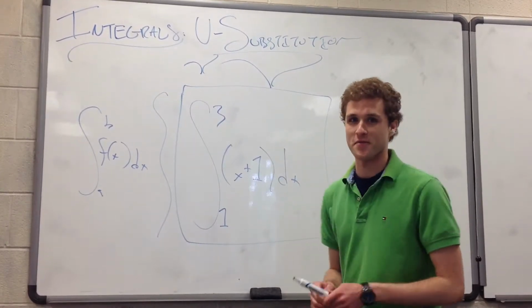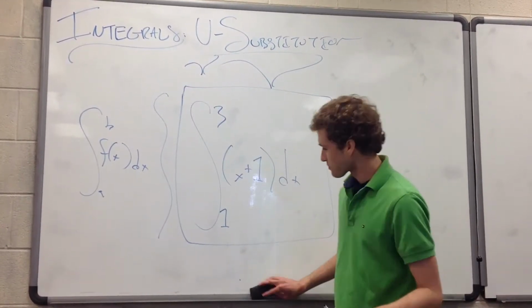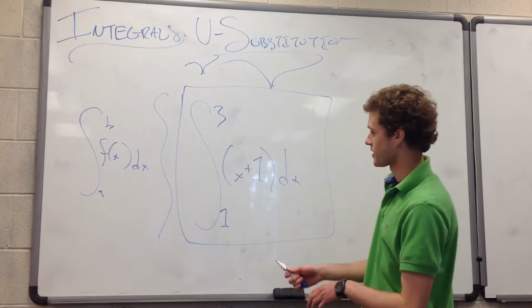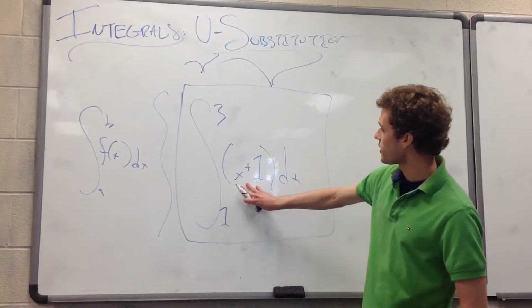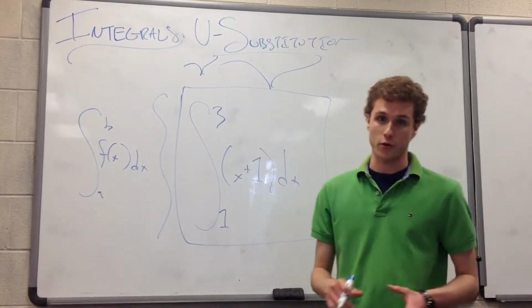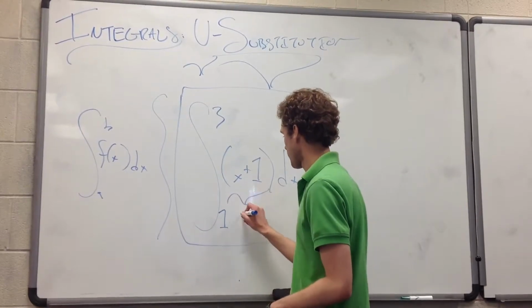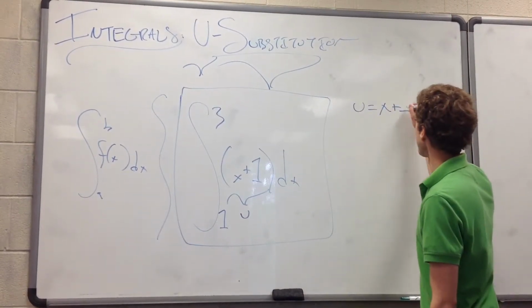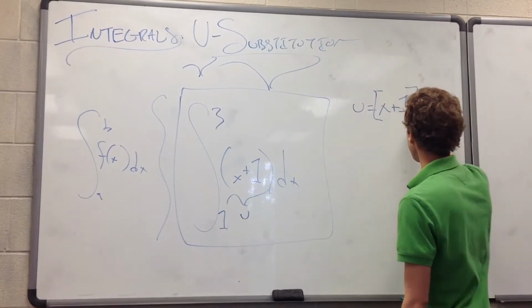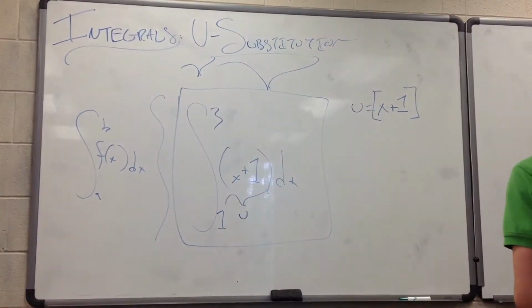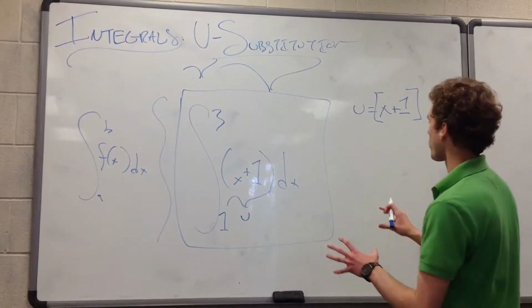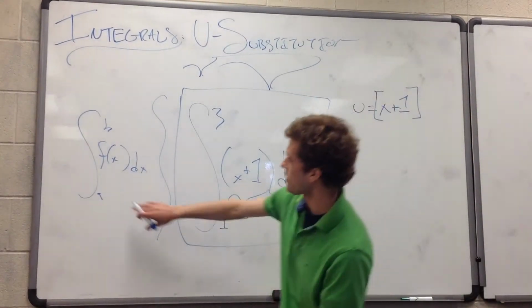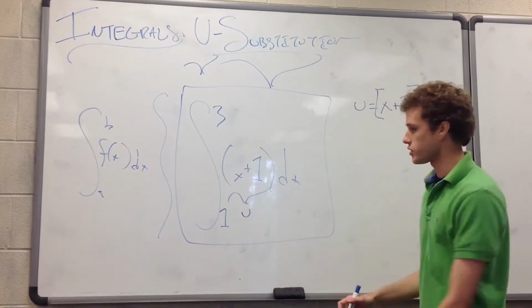Here's what we actually mean by u-substitution. Let's have a function like this, and instead of x plus 1, we'll just write the letter u. So we can say that u equals x plus 1 for this function, right? So if u equals x plus 1, then we are really just talking about these points also being functions of u.